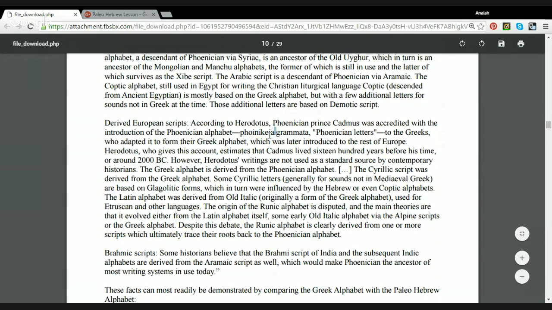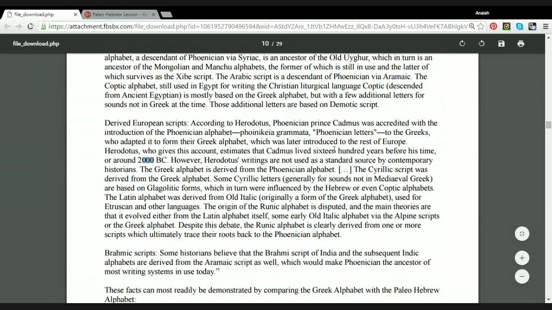Sorry, my bad. This is Phoenician, and then grammata, letters. Okay. To the Greeks, who adopted it to form their Greek alphabet, which was later introduced to the rest of Europe. Herodotus, who gives this account, estimates that Cadmus lived 1600 years before his time, or around 2000 BC.